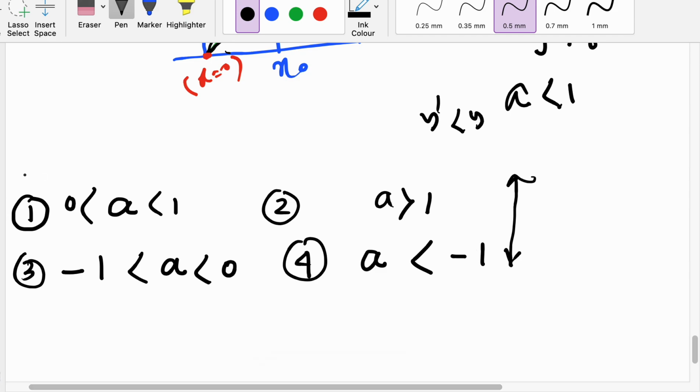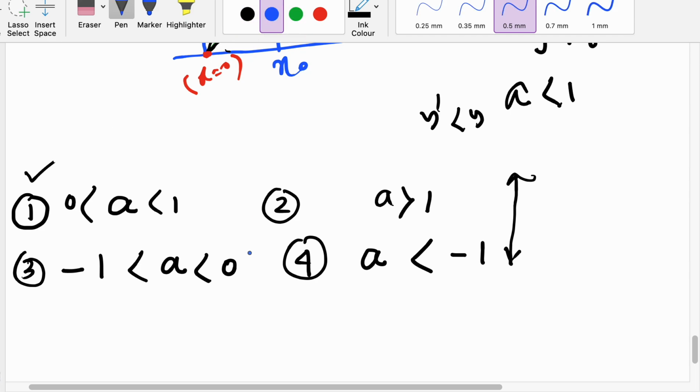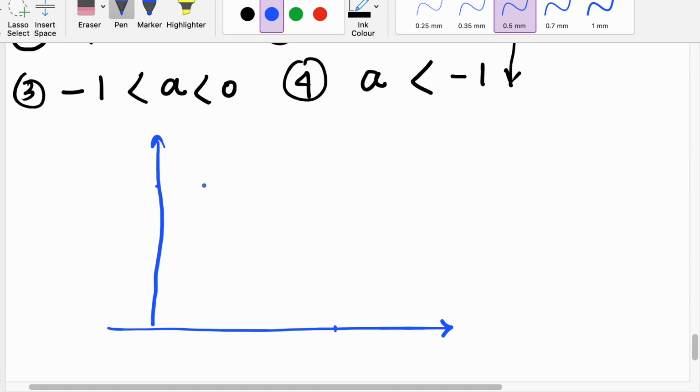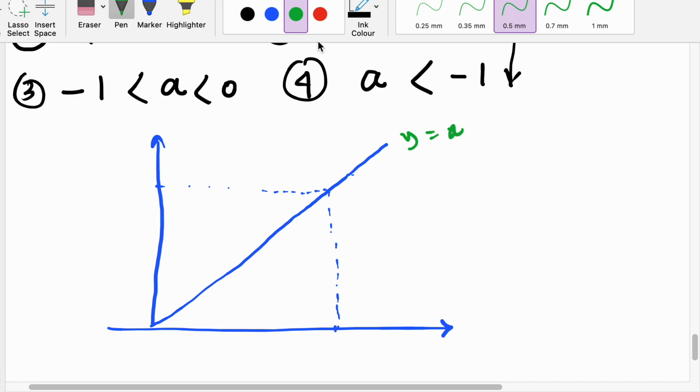Let me first see the first one. Okay, let me draw. Suppose this is 1, this is 1, so somewhere this point will be (1, 1). Now if I draw this, this is my y equal to x curve.